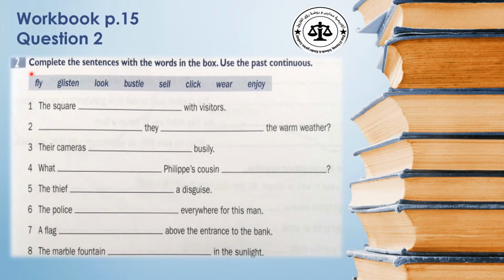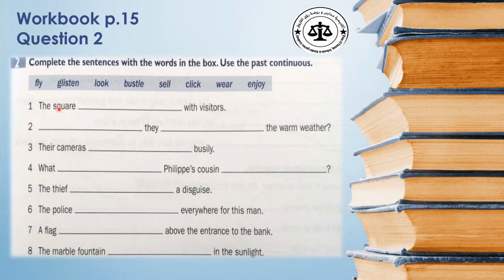Now, question number 2. Complete the sentences with the words in the box. Use the past continuous. What is the form of past continuous? Yes, was or were plus verb ing. Fly, glisten, look, bustle, sell, click, wear, and enjoy. The square with visitors.